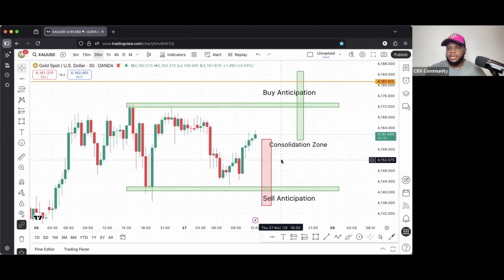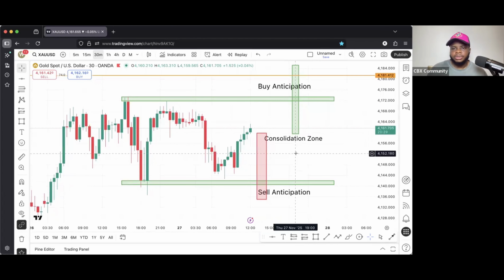So right now we are still in a consolidation zone. So the best thing is just for us to be patient. And then I'm going to head off right now. So the moment you're able to identify the break of our resistance zone, or the moment you're able to identify the break of our support zone, then we can decide to take a position, anticipating the candle to keep going up or anticipating the candle to keep coming down. So for now, we don't need to do anything. We just need to be patient.